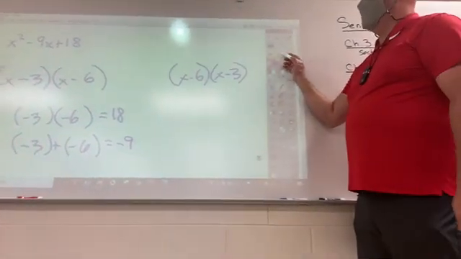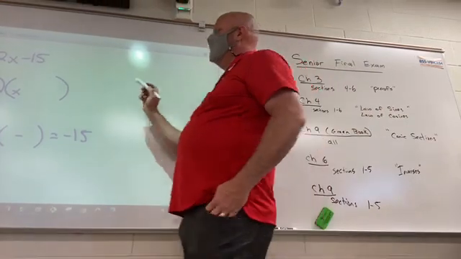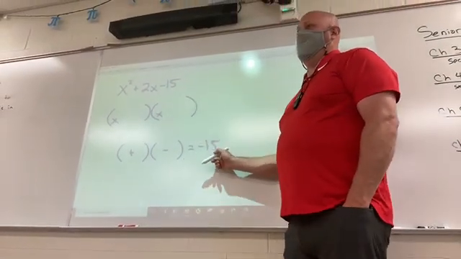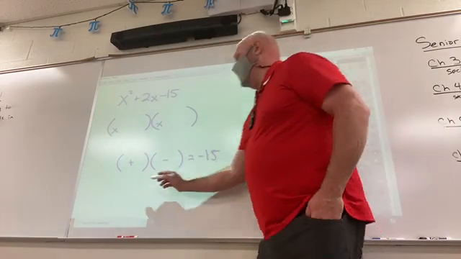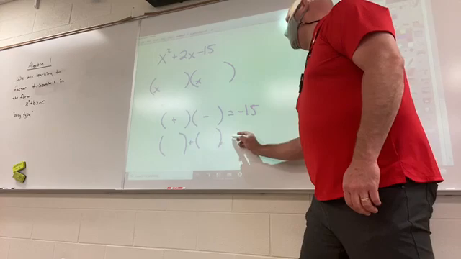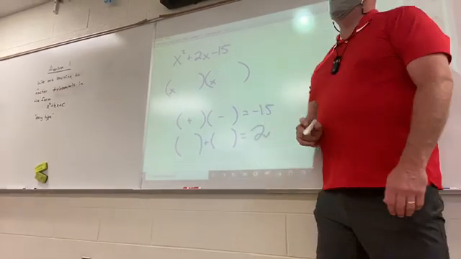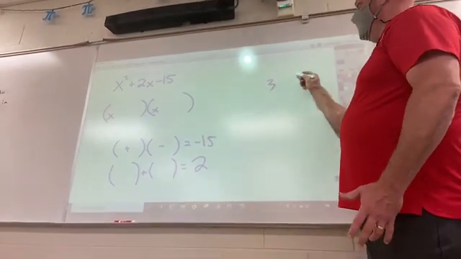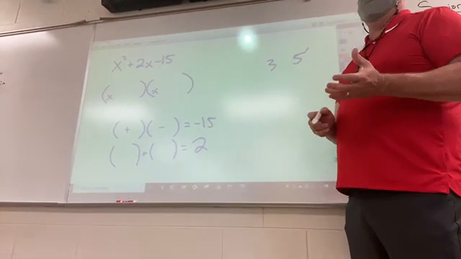So, we're working on this one here. We're looking for two numbers that multiply together to get negative 15, and those same two numbers still have to add up to be a positive 2. So 3 and 5 multiply to 15, right?